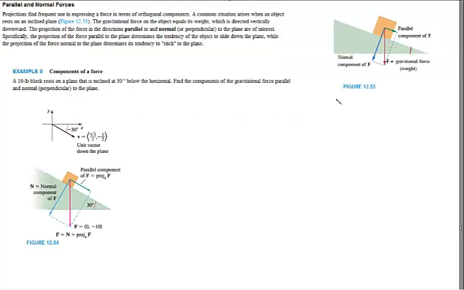A very common problem has to do with finding the normal component of a force if you have a block or something sliding down a plane. In order to do this, we're going to need the unit vector, and we have it drawn for you right here.